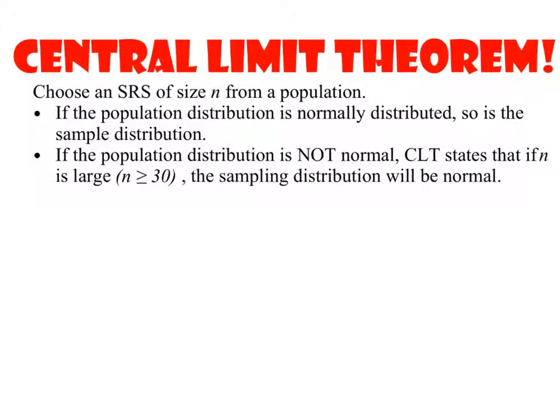However, if the original parent population was not normal, like that uniform distribution I showed you, then we need a larger sample size. 30 is kind of industry standard in order to assume that the sample means will be normal. Go back and watch that animation, which showed that progression: it takes a larger sample size for the sample means to appear normal.